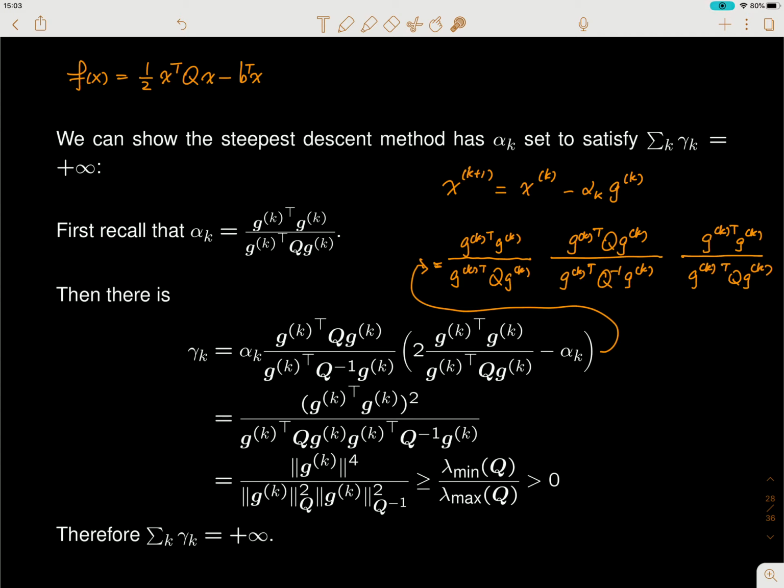If we chose alpha to be bigger than or equal to 2 over lambda max of Q, then alpha times lambda max of Q will be bigger than or equal to 2. I just multiply both sides by lambda max of Q. That means 1 minus alpha lambda max of Q will be less than or equal to 1 minus 2, which is equal to negative 1.